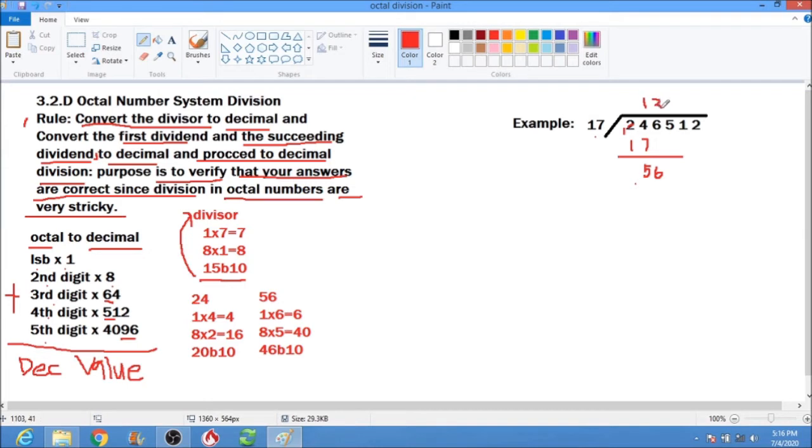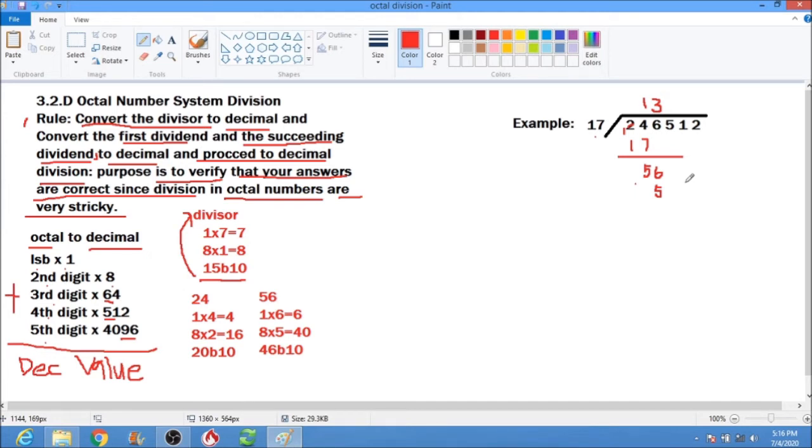So write 3. 3 times 7 is 21. 21 minus 16 is 5.